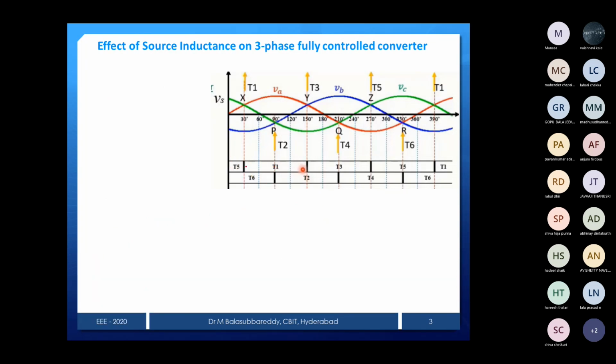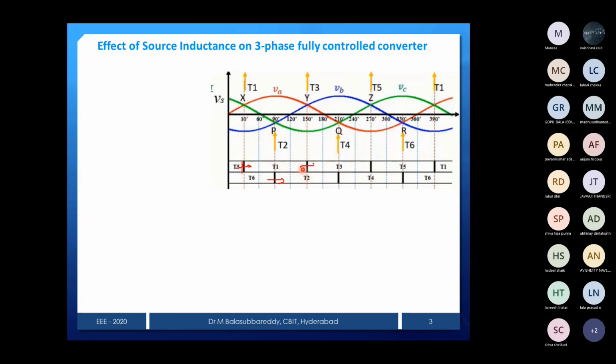Now in this observation you can see that 5 and 1: here 5 is going to be turned off, 1 is going to be turned on. Similarly on the lower side, you can see 6 and 2: 6 is going to be turned off, 2 is going to turn on.